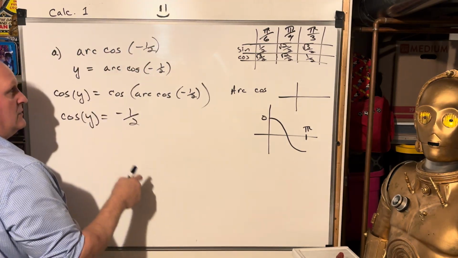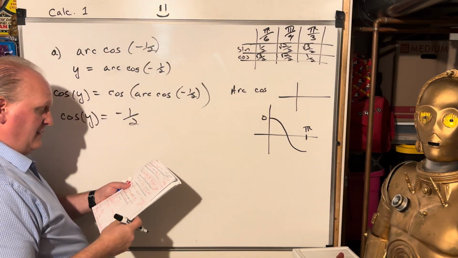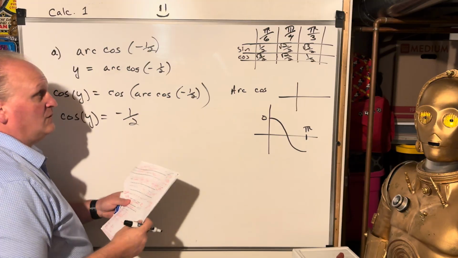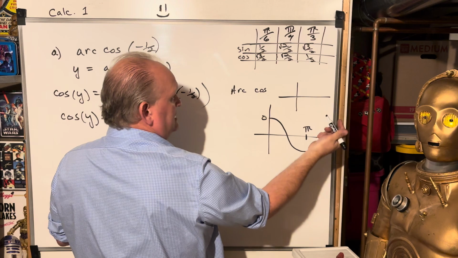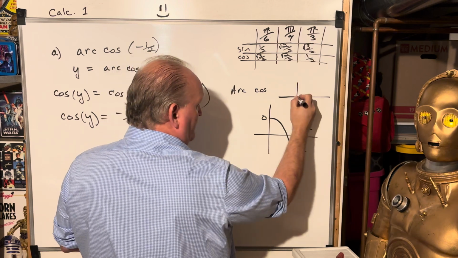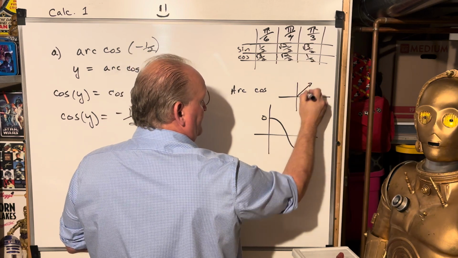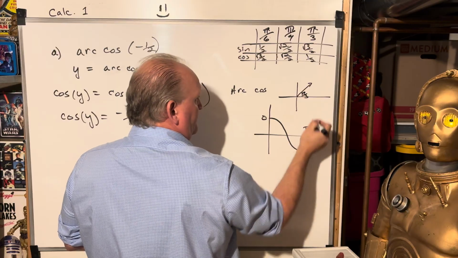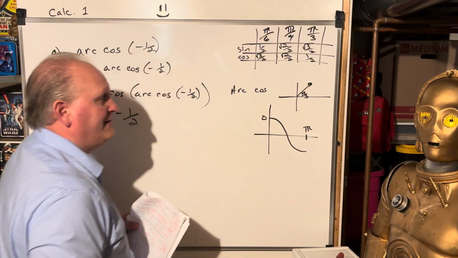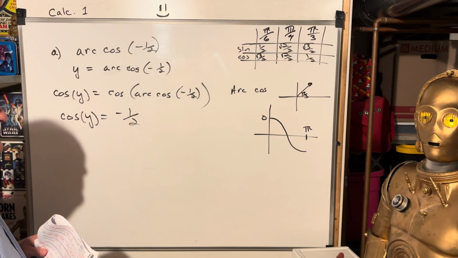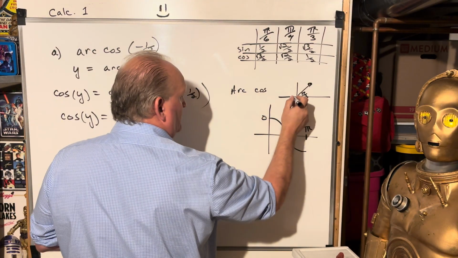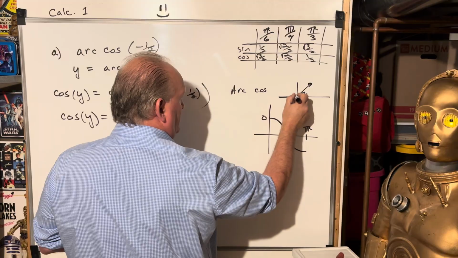And so when we work backwards on that and we say, okay, when is it 1/2? The cosine is 1/2 at 60 degrees, or pi over 3. That is when it's 1/2. But we actually don't want that one, we want this one.